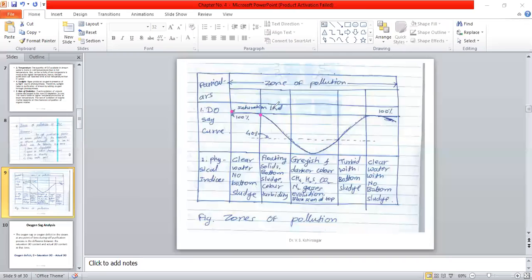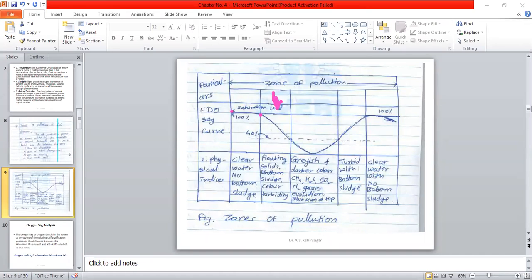So the first zone is the zone of degradation. I asked you to write the names of these zones. The first one is the zone of degradation. What happens in the zone of degradation? This is the first step, where the degradation of wastewater starts. Initially, it will not use up the entire oxygen immediately.